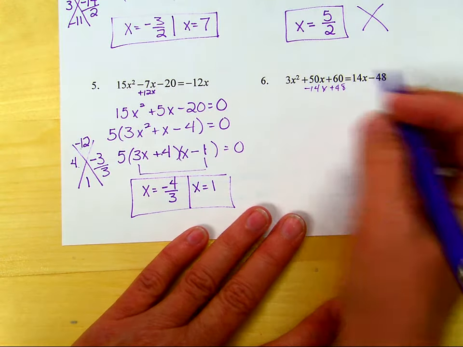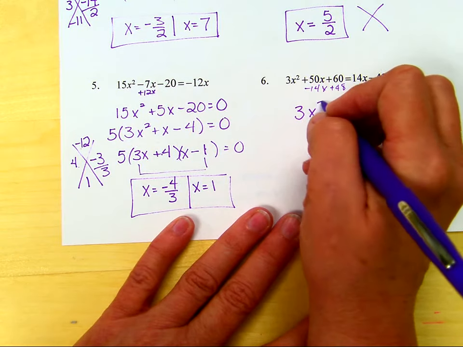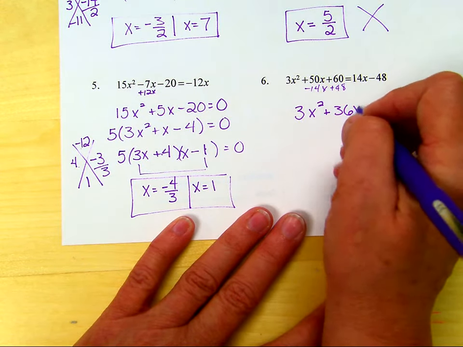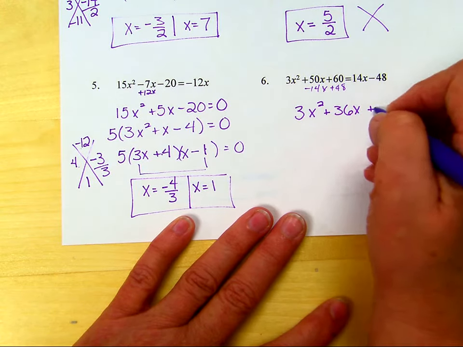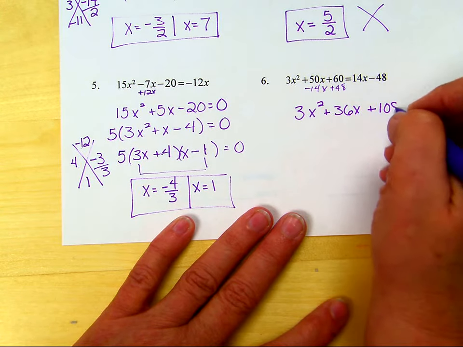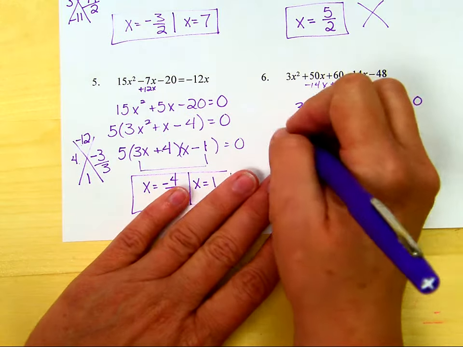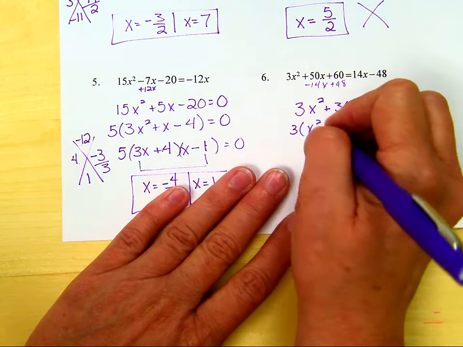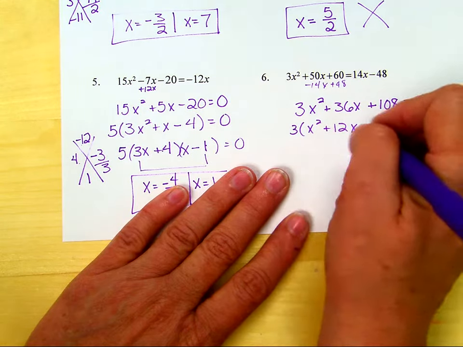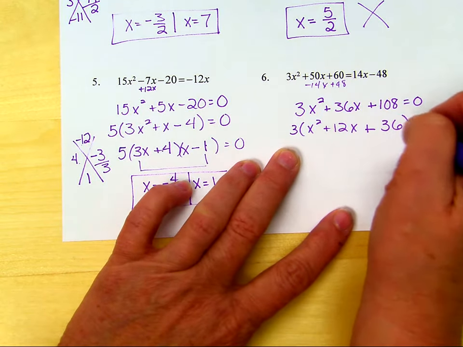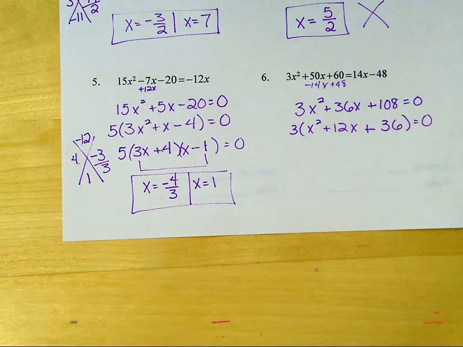So we've got 3x squared plus 36x plus 108 equals 0. Common factor, 3. So we've got 3 times x squared plus 12x plus 36 equals 0.